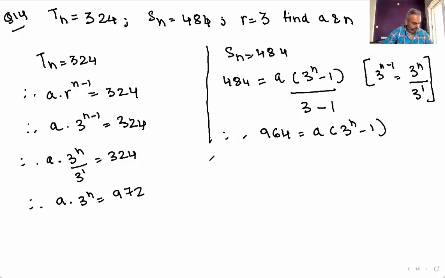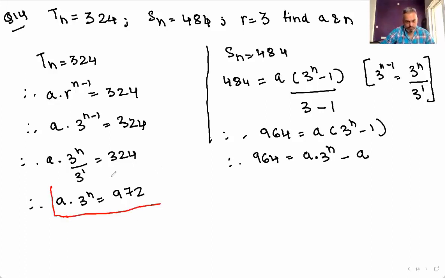Now, so A into 3 raised to n is equal to 972. Now let's go over here. 968 is equal to A into 3 raised to n minus A. Pay attention please, A into 3 raised to n is equal to 972.